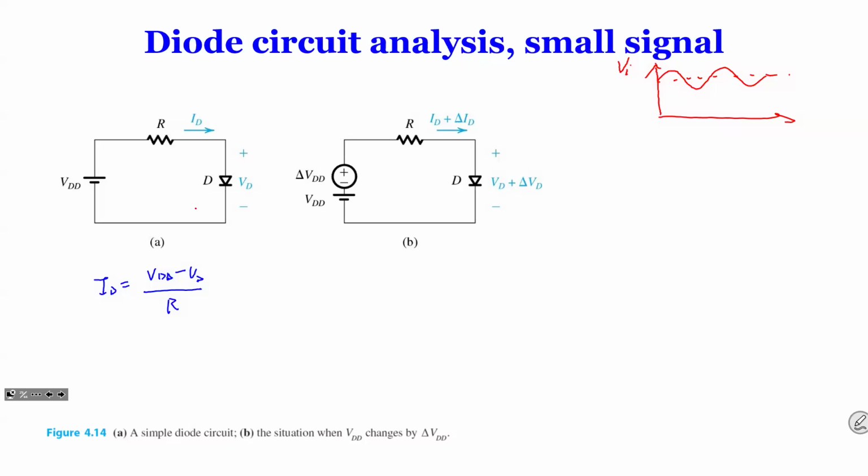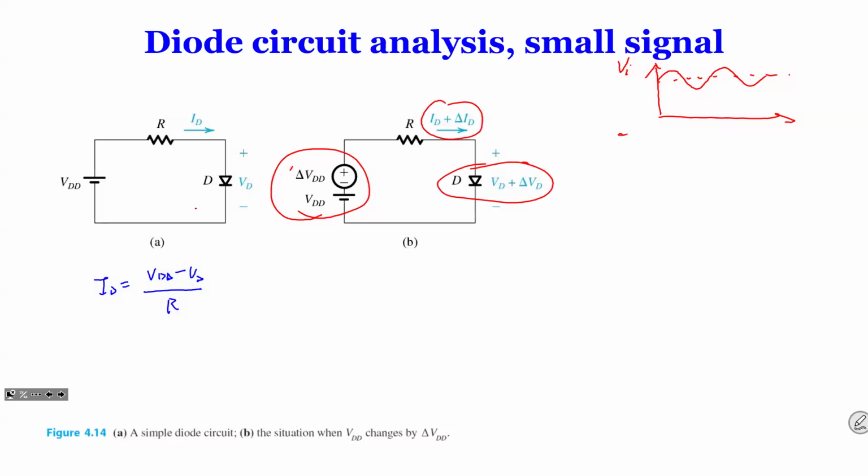So if we have that, what would you get at the diode? Initially, that VD is going to be like 0.7 volts for the linear model. But if you have a little bit of change, this is what happens. We have a little bit of change of voltage, and the resistance is the same, and the voltage here is going to change, and the current is going to change.